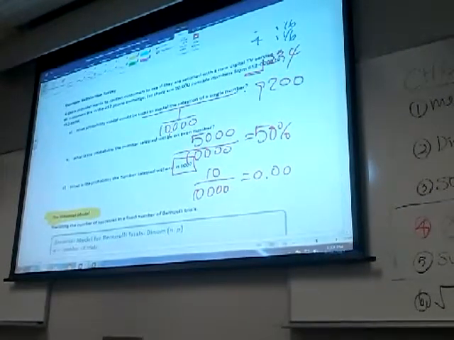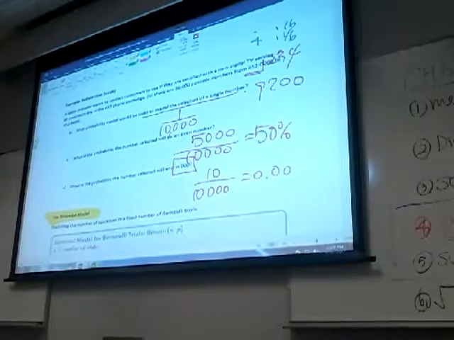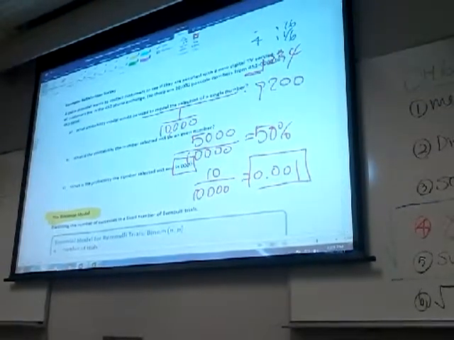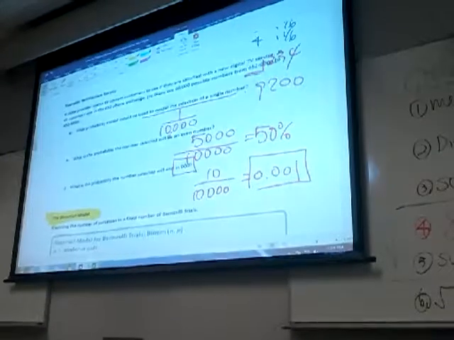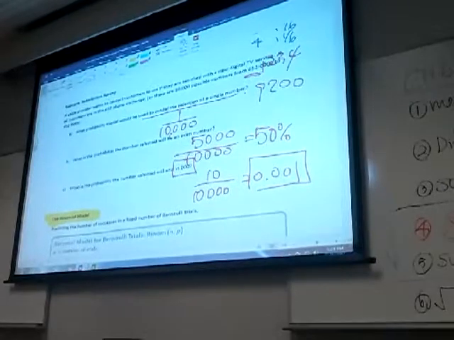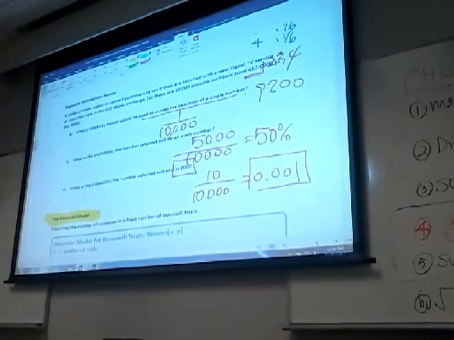Is it 0.001 or 0.0001? Try using a calculator. I'm not sure even. It is 0.001. It is 10 out of 10,000. So the Bernoulli trials and the uniform model are very simple.